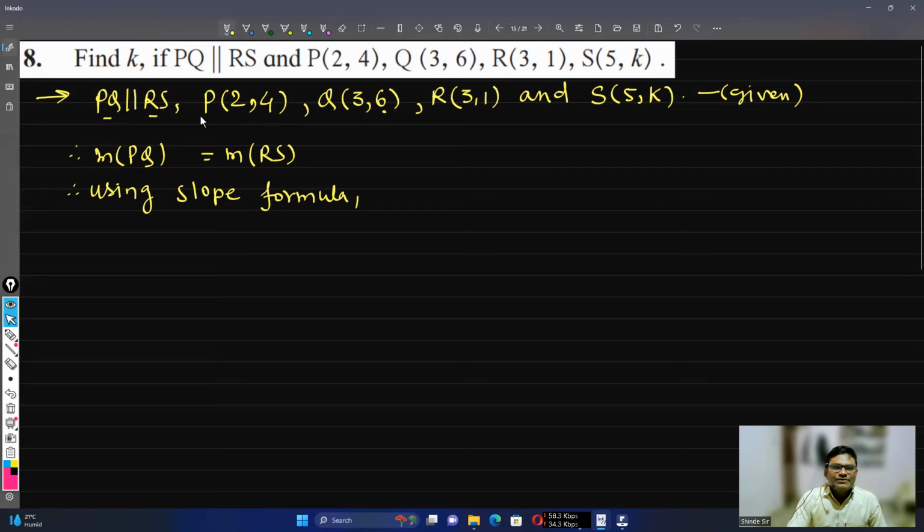The first point on line PQ is P and the second point is Q. That is why 6 minus 4, that is y2 minus y1, divided by 3 minus 2, that is x2 minus x1.